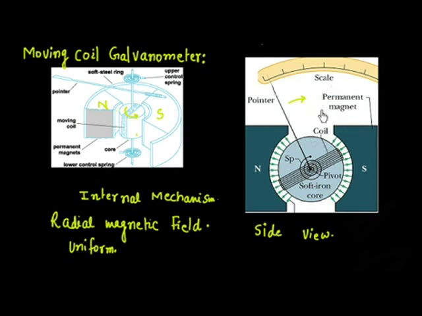After some rotation, when it has rotated by angle theta, what will you have? You will have k theta, the spring restoring torque, equal to the torque applied by the current.